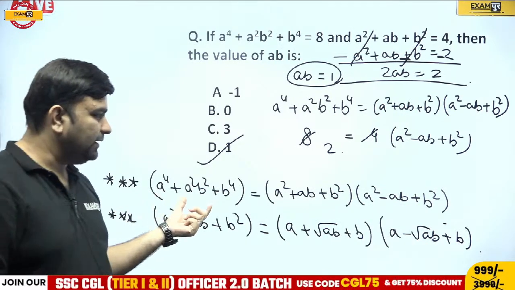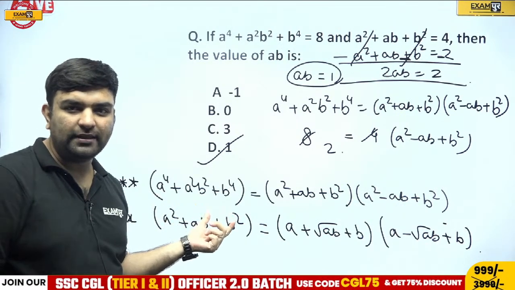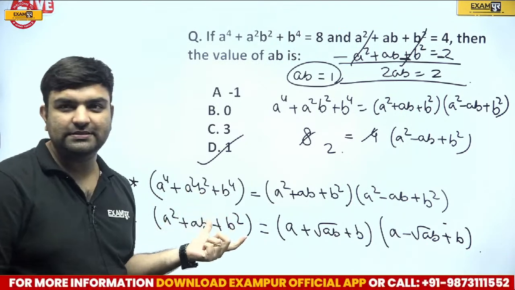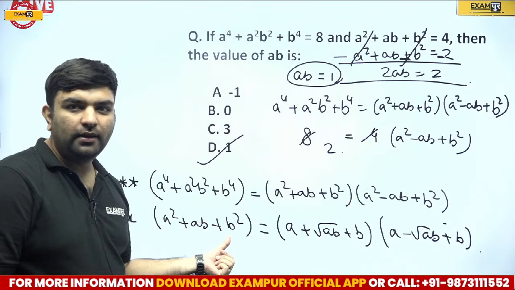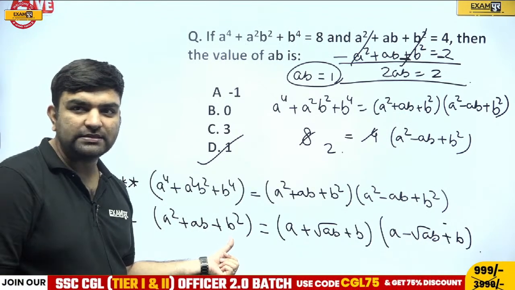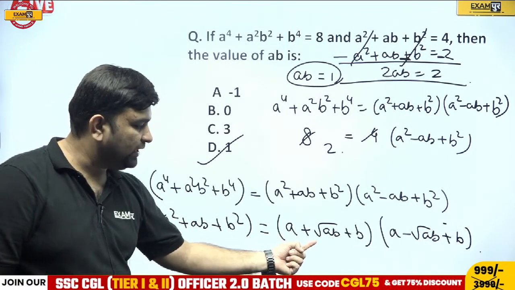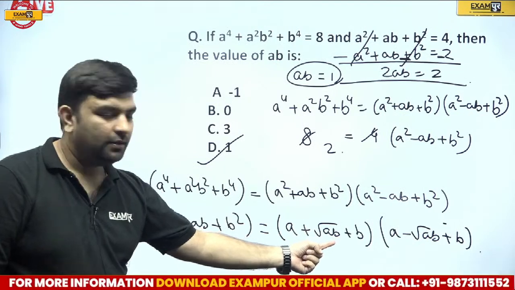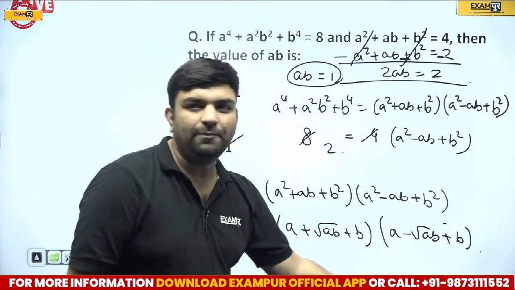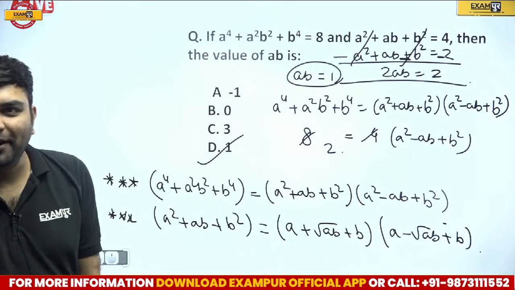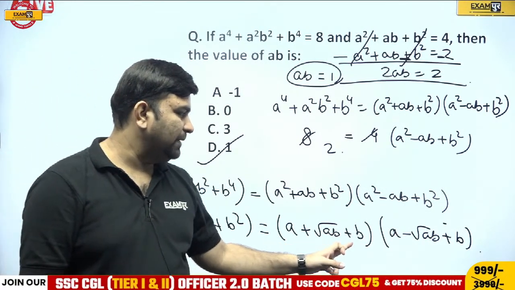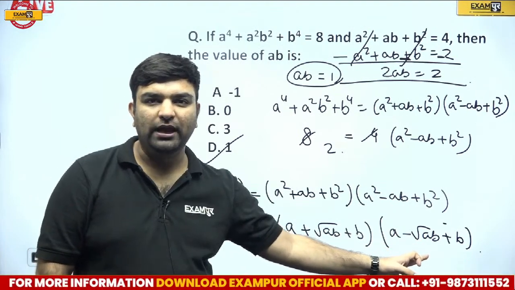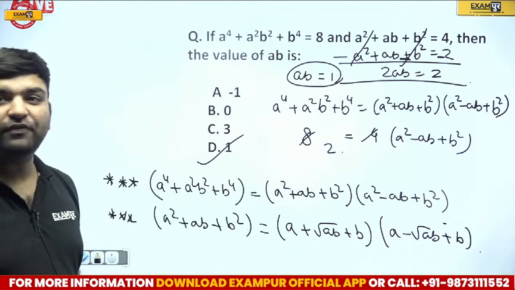Yeah, this is an identity, or you can say observation. A square plus ab plus b square is also going to have two factors, a plus root ab plus b and a minus root ab plus b. Well done, Gopinath. Perfect.